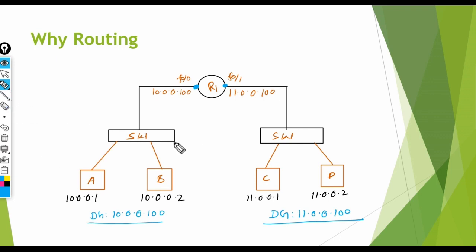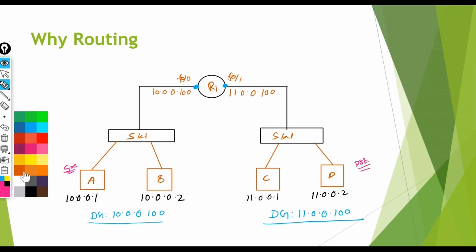So let's see how the communication process takes place. Consider PC A as the source device and PC D as the destination device. I will take an example of the data packet itself.